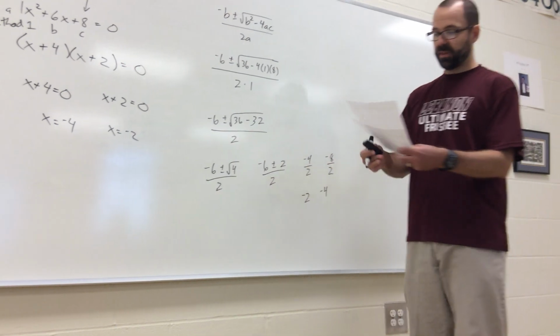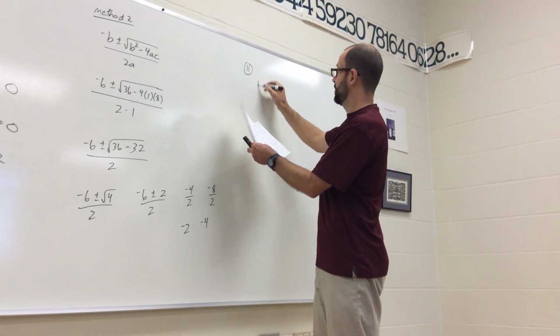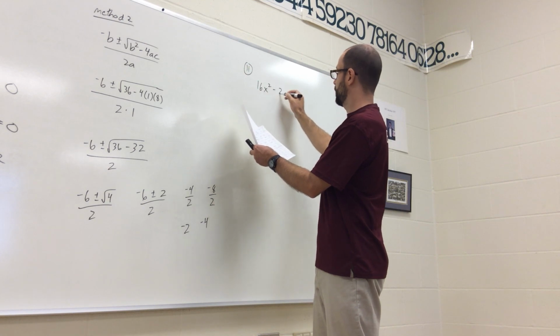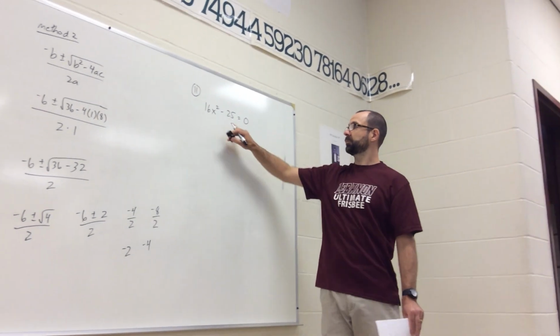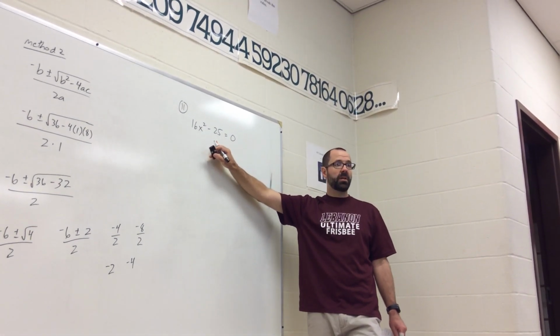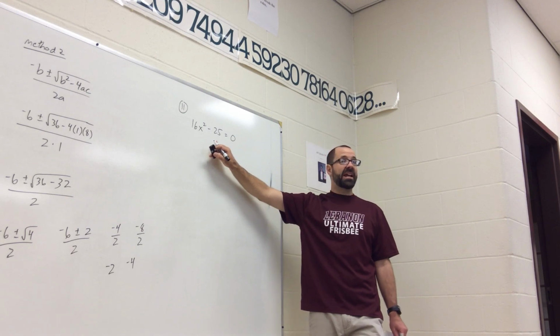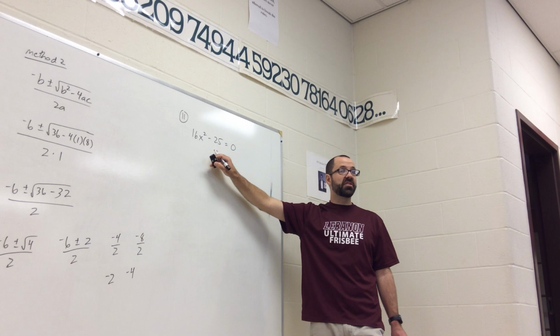All right, the last problem I'm going to do on the board is number 11. And this is 16x squared minus 25 equals 0. Does this one have a regular x in it? No, it doesn't. So that is a relief because that means we don't have to factor or use the quadratic formula.